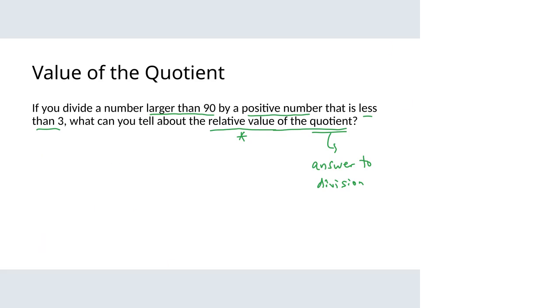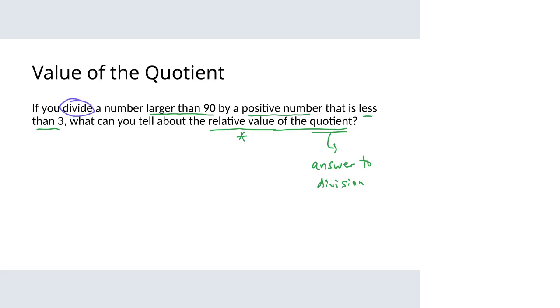And so here, what this is saying is if you divide a number larger than 90 by a positive number less than 3, what can you tell about the relative value of the quotient? The way that we're going to approach a problem like this is we're going to start by looking at the numbers they gave us, which are the 90 and the 3. Let's just say we divide 90 by 3. We're going to kind of take a piece of this.